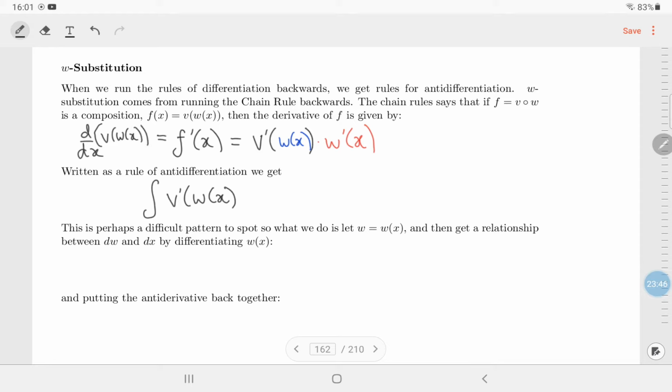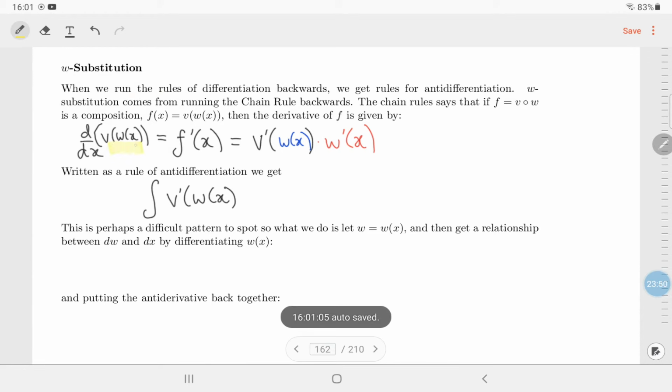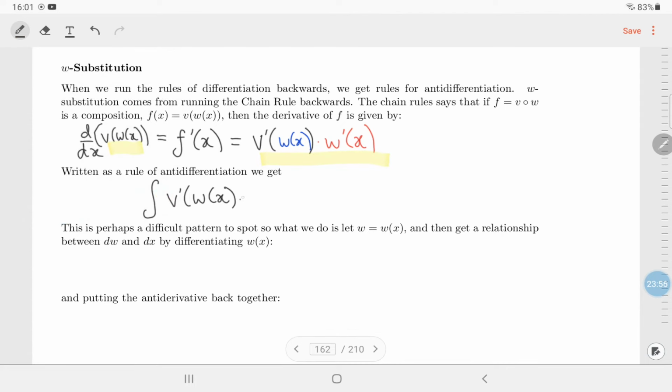If I'm differentiating, I'm really focusing on the derivative of this is this, so you come back the other way if you anti-differentiate. So the antiderivative of this thing on the right is the thing inside the bracket, v of w of x, plus c. So that's the chain rule run backwards.